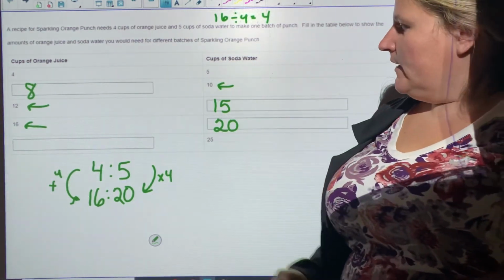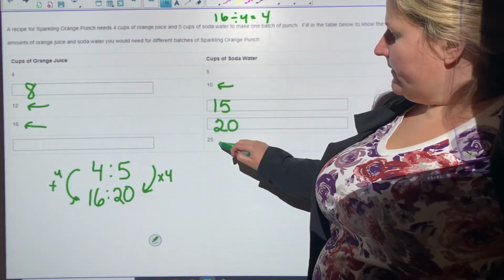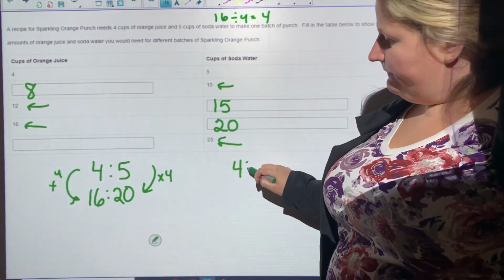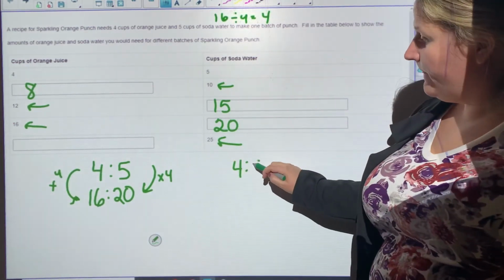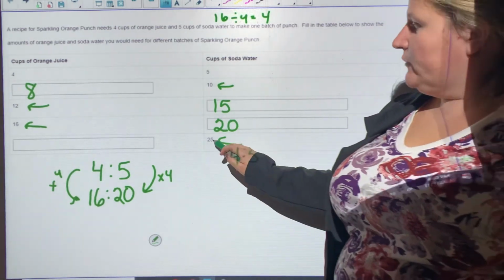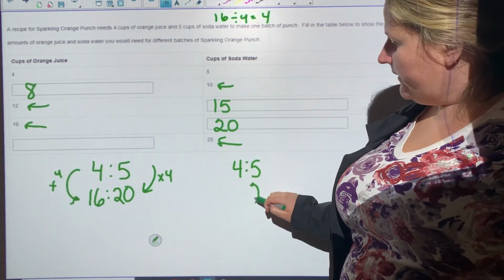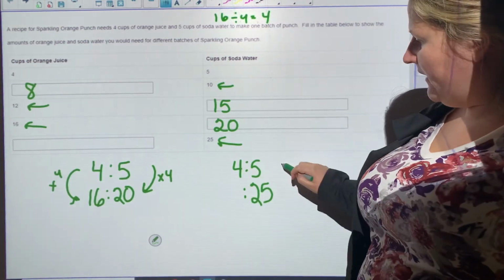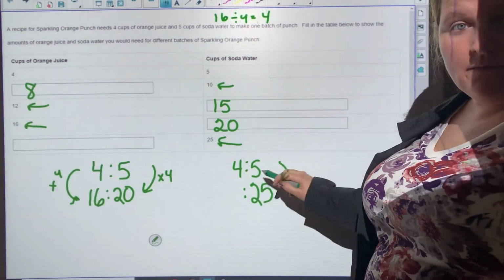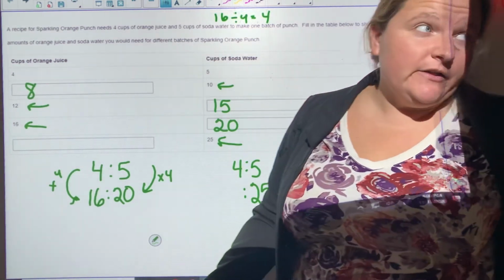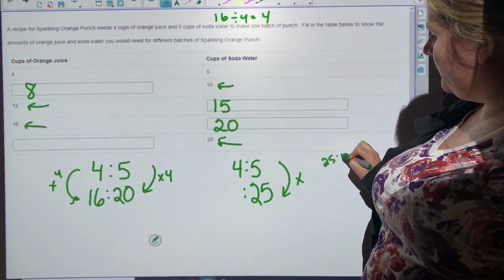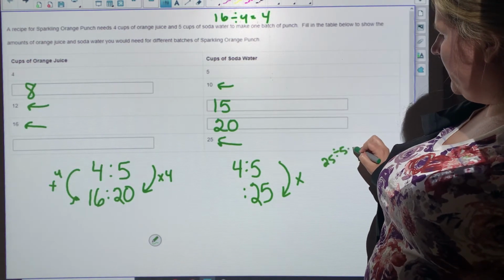All right. And then my last problem, I'm back to my soda water side. I'm starting with my 4 to 5 ratio. And I have a 25 here. So my 25, and I'm going to think, 5 times what number gives me 25? I might need to use my calculator and divide and say, okay, well 25 divided by 5 gives me 5.